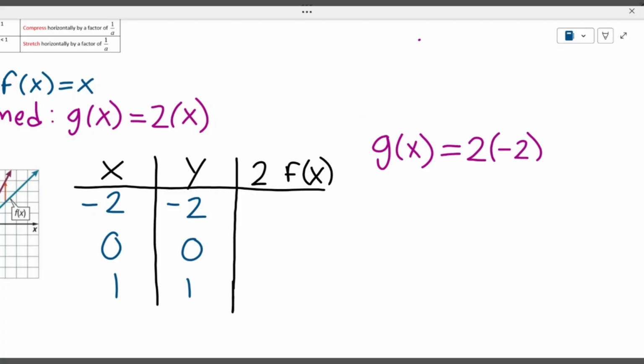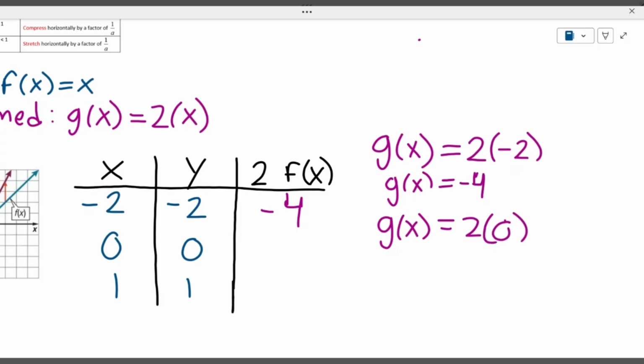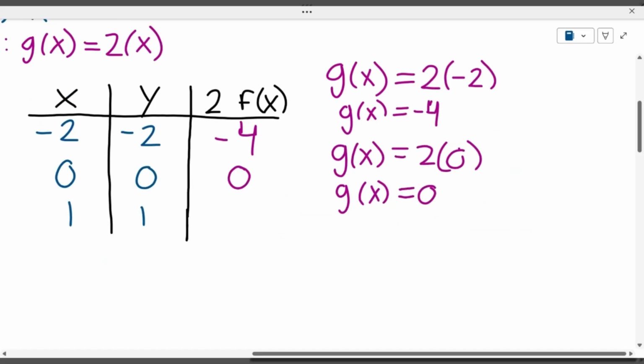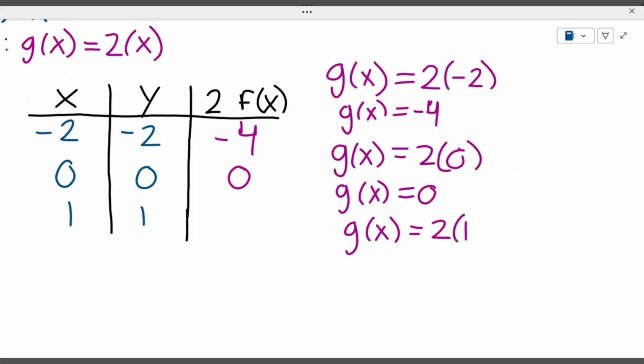So g of x equals 2 times -2, which gives g of x equals -4. Then g of x equals 2 times 0 gives g of x equals 0, because 2 times 0 is 0. And g of x equals 2 times 1 gives g of x equals 2.